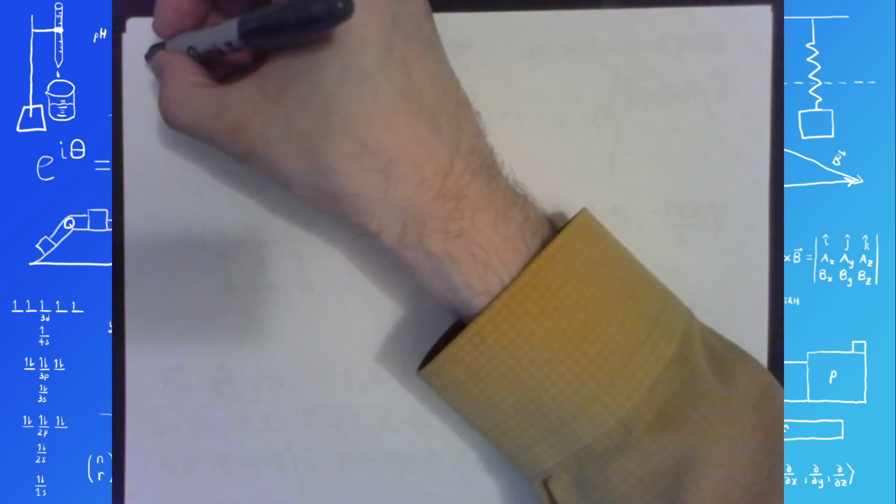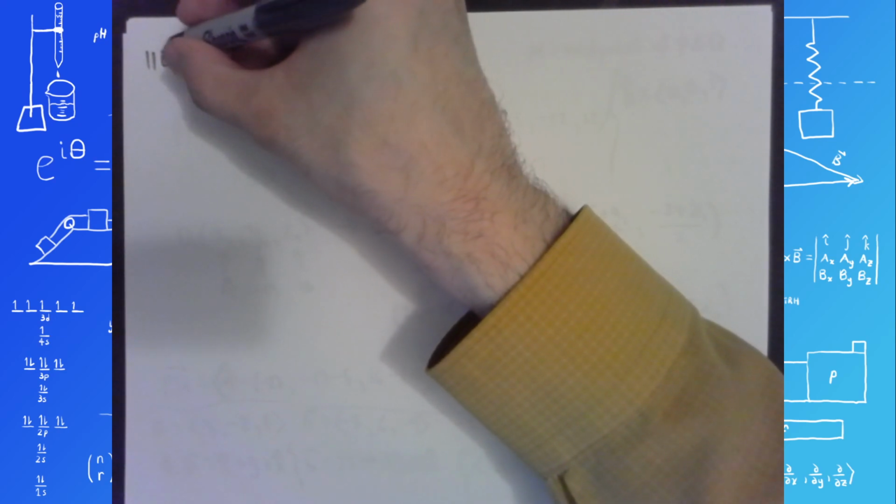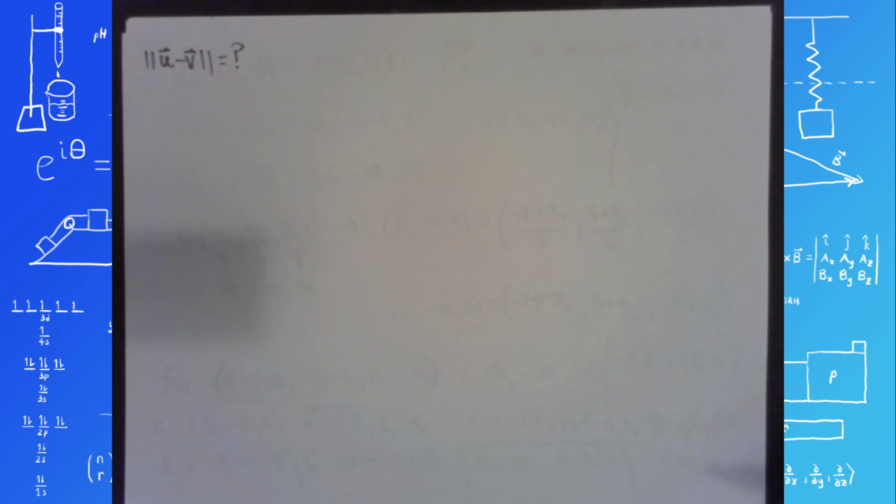So let me go ahead and pick a couple of these. Let's do the first and the third. So it says find the magnitudes of u minus v and negative 2u. I'll just do u minus v. Find the magnitude of u minus v for these two scenarios.